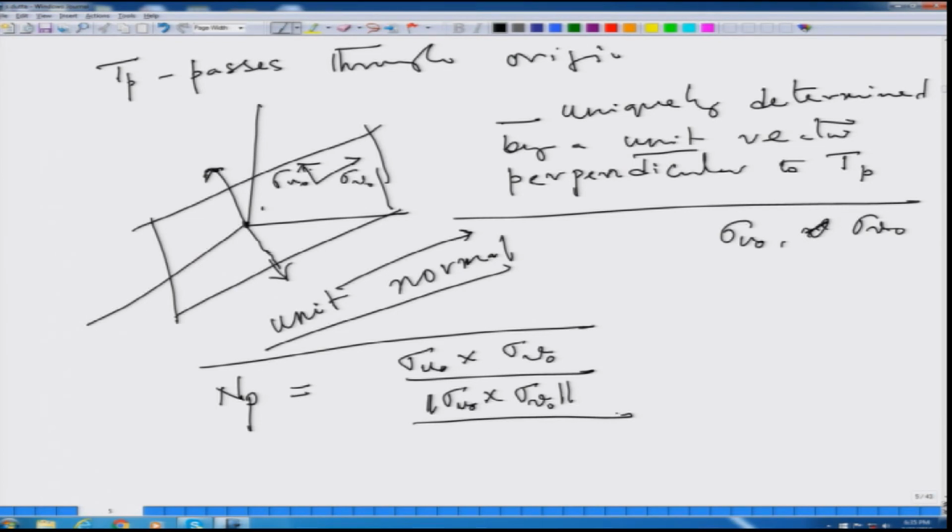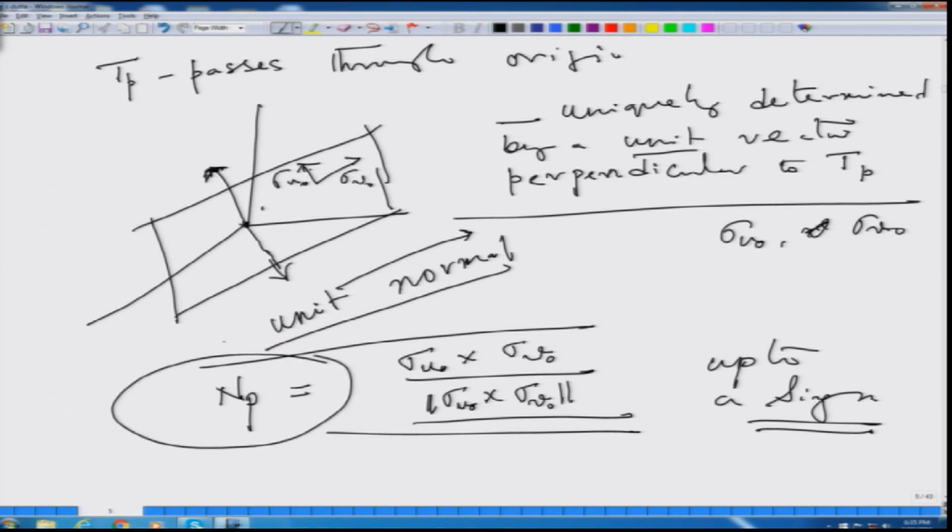But as I said, the direction may be of our choice. I can choose this direction, you may choose the other direction. So, this is up to a sign. I cannot just define the unit normal without mentioning what sign I should put here, and that leads us to the concept of orientable surfaces. So, next lecture I will talk about orientable surfaces. Thank you.